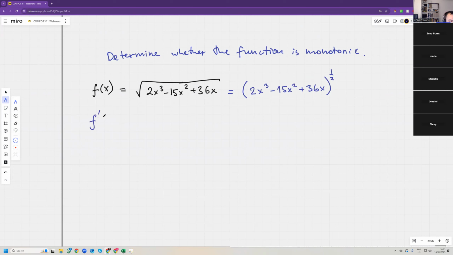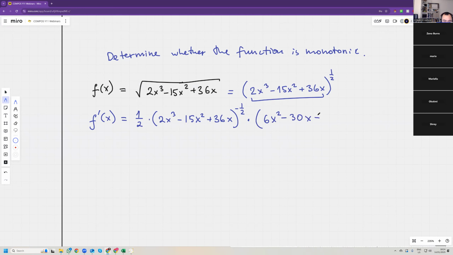So I find the derivative, and that would be 1/2 multiplied by 2x cubed minus 15x squared plus 36x to the power minus 1/2, because that's how differentiation works, multiplied by the derivative of this thing, multiplied by 6x squared minus 30x plus 36.